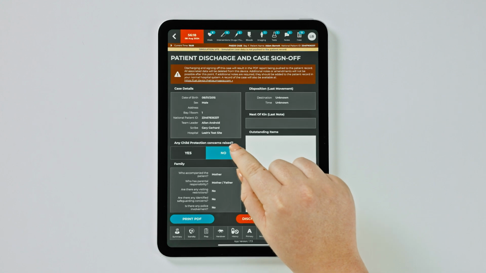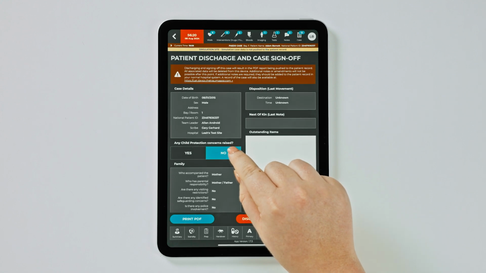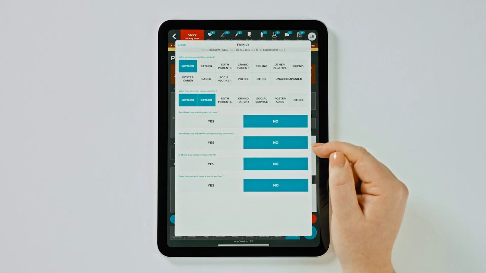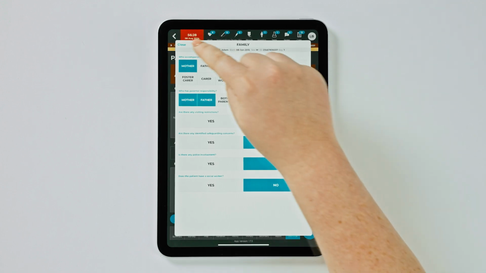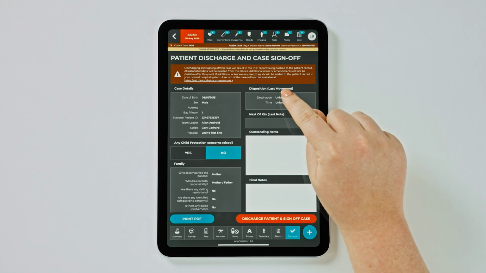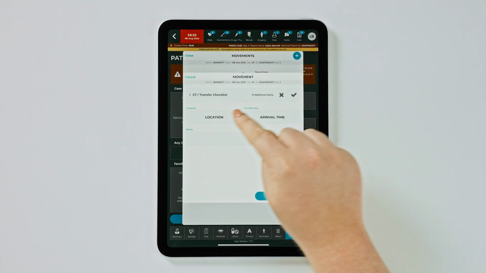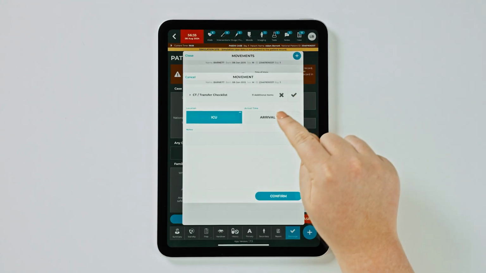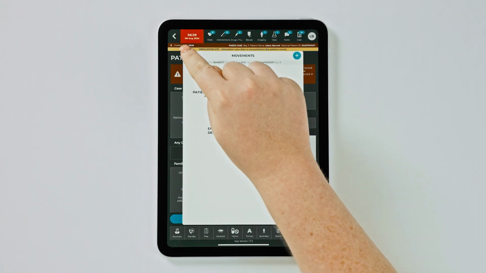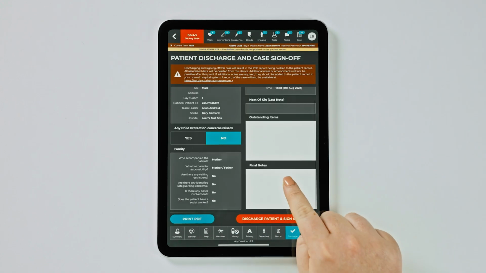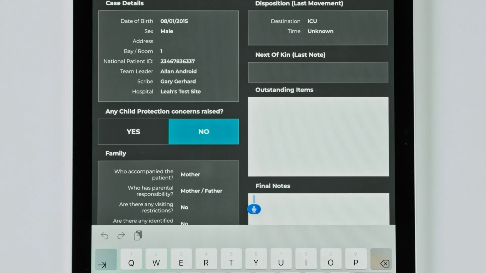The ED consultant isn't concerned that there are any child protection issues and has been able to update the family screen, informing the document of who attended with the patient and who has parental responsibility. Adam is being admitted to ICU, and so this is entered into the movement screen. The ED consultant enters the final notes.